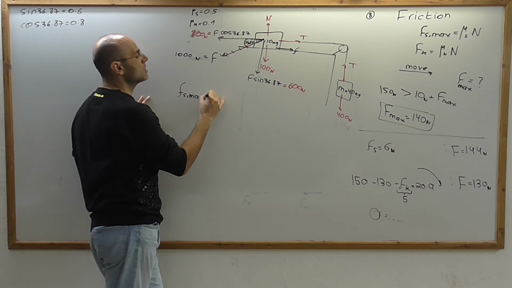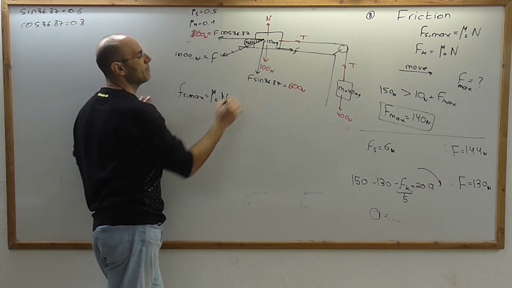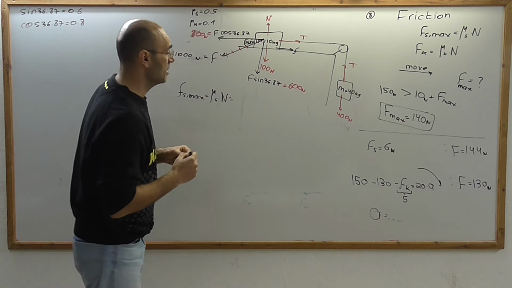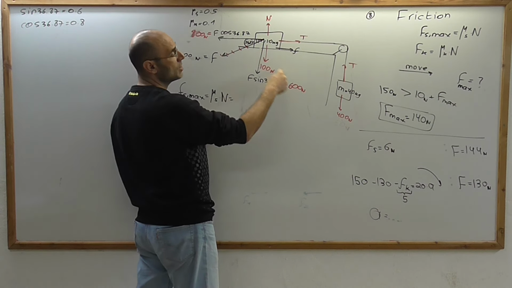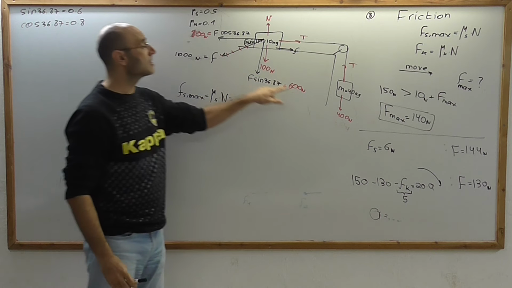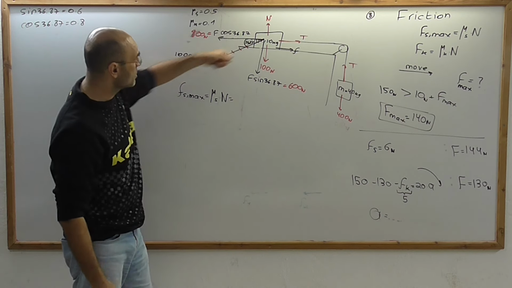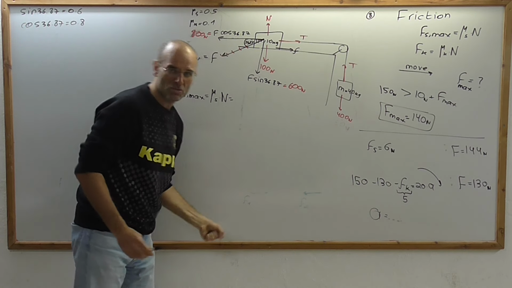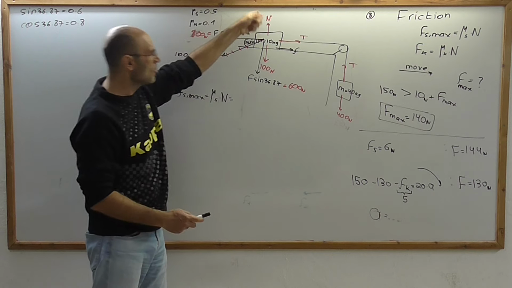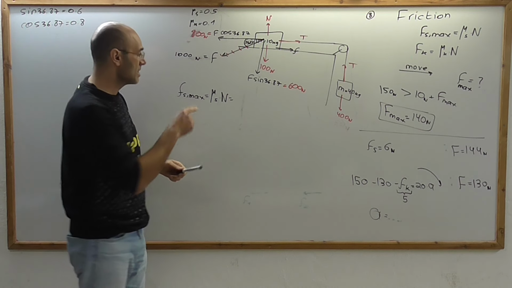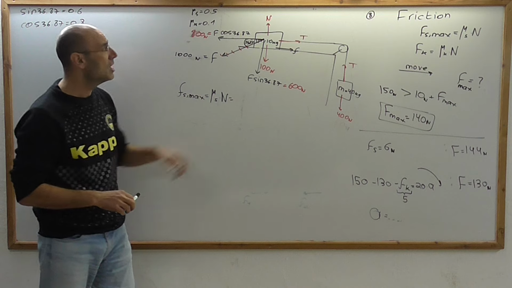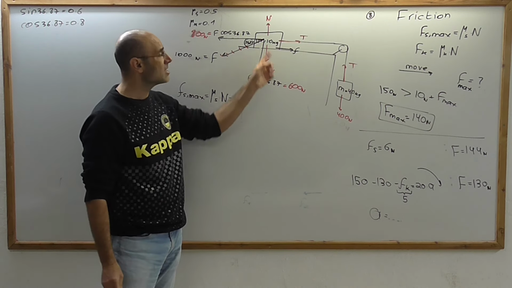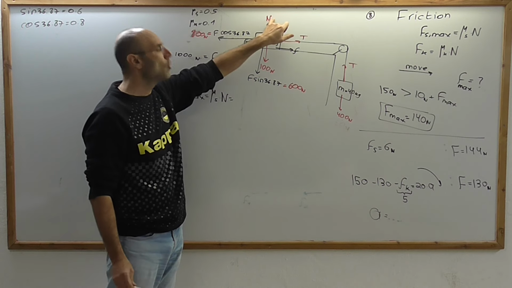Fs max equals mu static multiplied by N. Now the N is not 100. Look what happened here. The N is 100 plus 600. It's 700 because this force, which is applied diagonally like that, presses the mass to the ground a little more, so the normal force will be obviously higher. So this is a very good example to show you why the friction force depends not only on the mass, it also depends on the normal force.